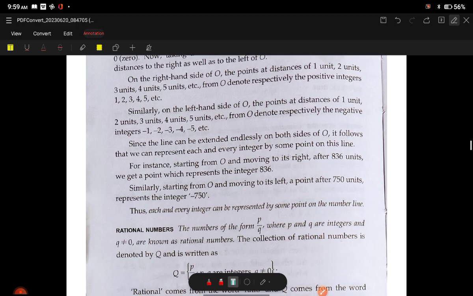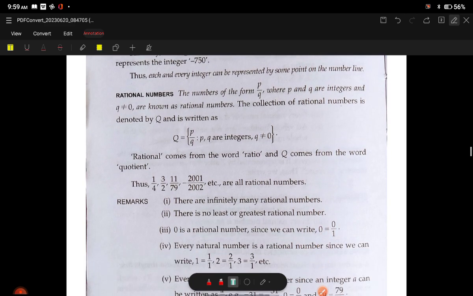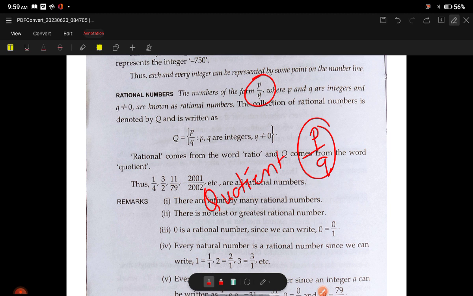Next, if we take two integers P and Q, then the quotient of P and Q is called a rational number. So the quotient of two integers is known as a rational number.